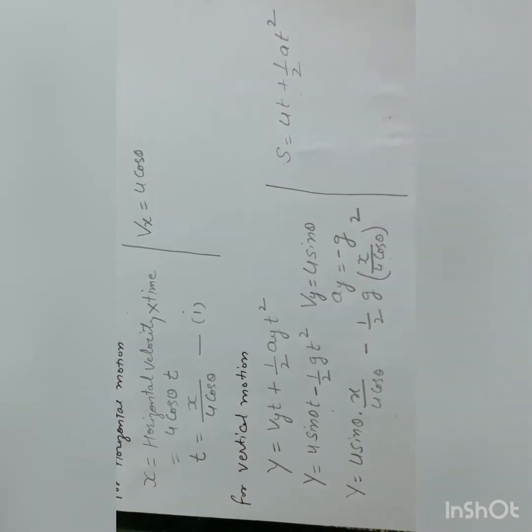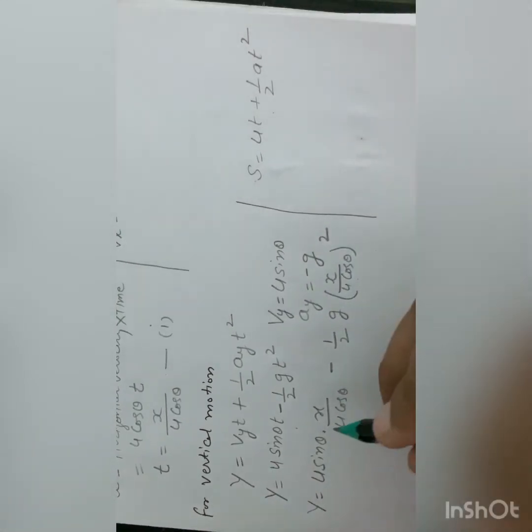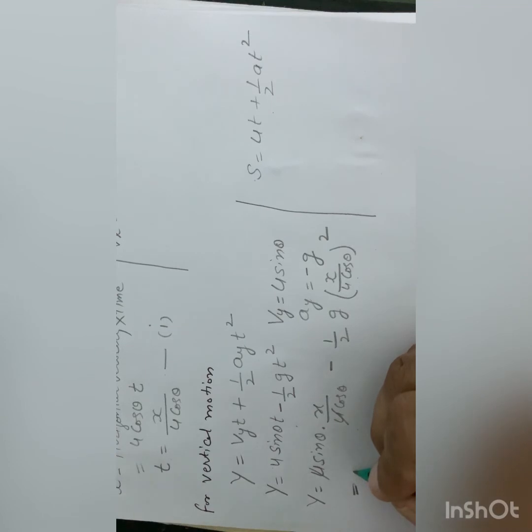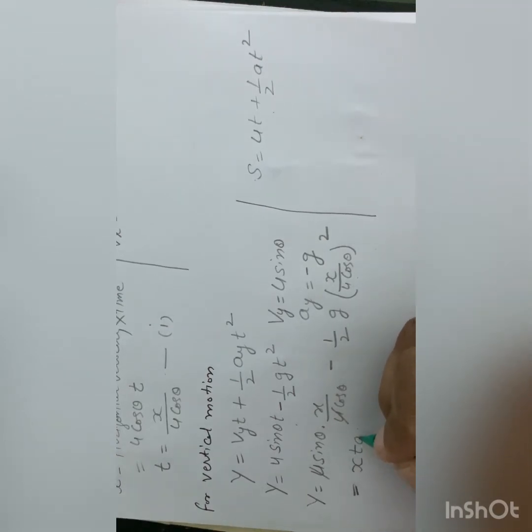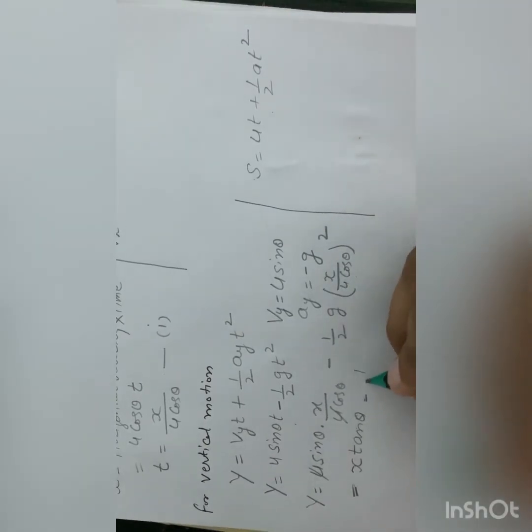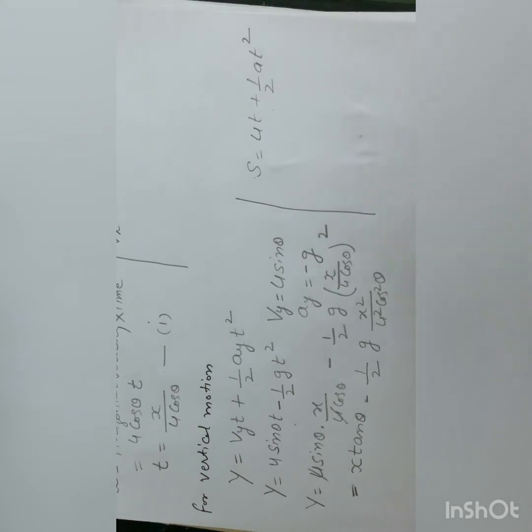Here u cancels, sin θ over cos θ is tan θ, so we write x tan θ minus 1/2 g x square over u square cos square θ.